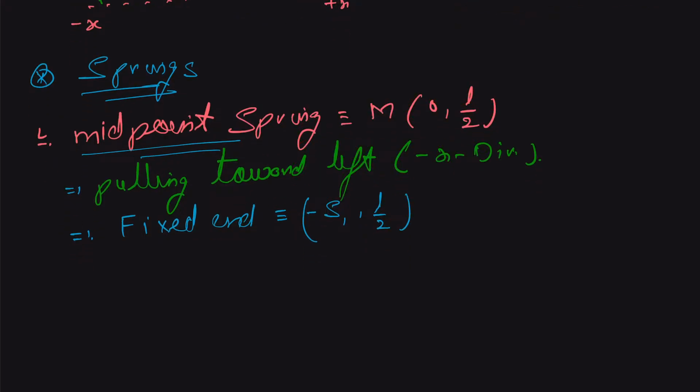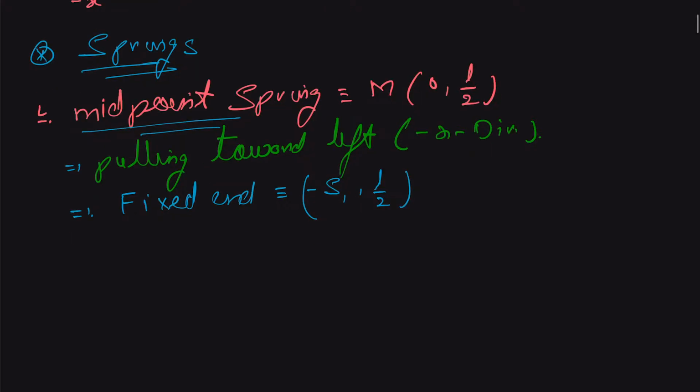And so we can say the force on the rod will be equal to minus k, E1, times the x unit vector.